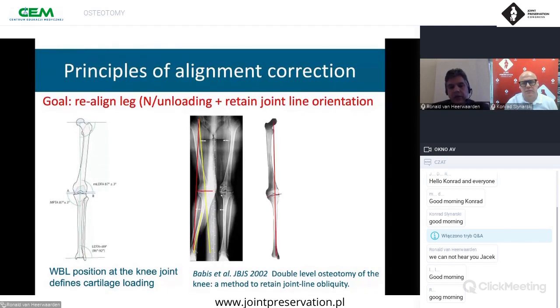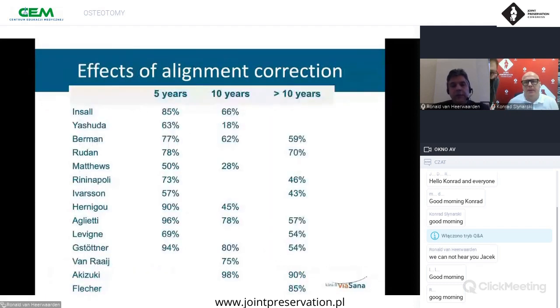The leg looks straight, but you have an oblique joint line, and you want to preserve the joint line also kind of horizontal in the ankle as well as the knee. So it's not only about realigning the weight-bearing line, the leg, it's also about retaining the joint line orientation where it should be. And in this case, it's a double level osteotomy to do that.